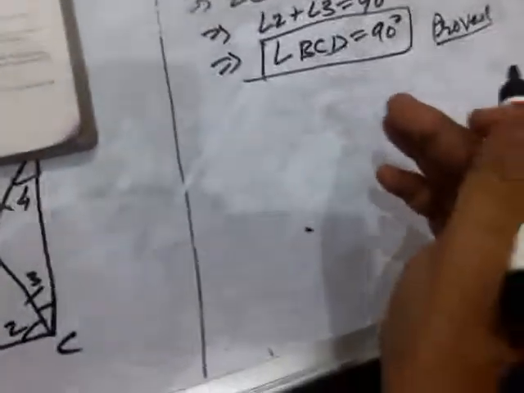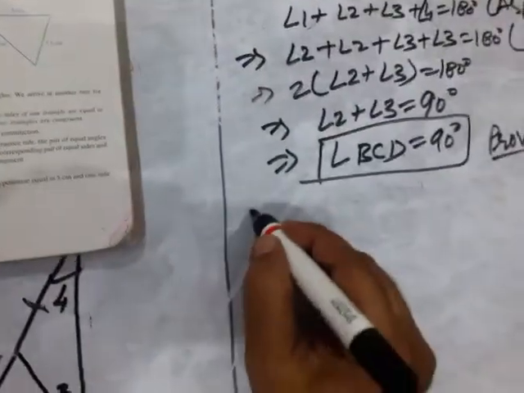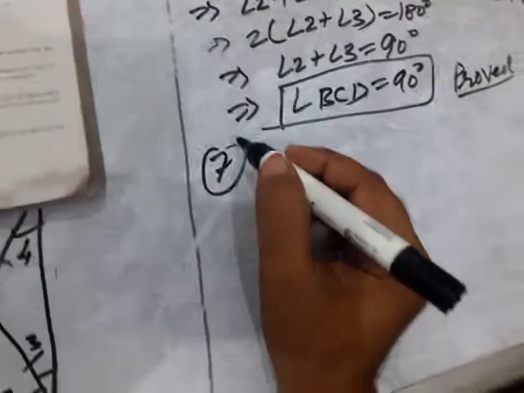Okay children, now coming to question number 7. What is question number 7?